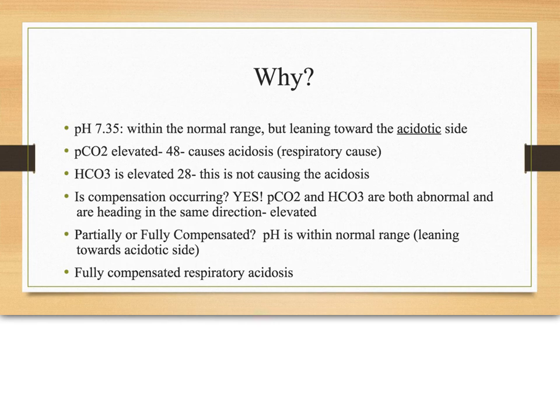So that's not causing the acidosis. It's certainly evidence of compensation. So is compensation occurring? Yes, because it meets our definition. Both the PCO2 and the bicarb are elevated, out of the normal range, both heading in the same direction. And since the pH is within the normal range now, just within, we would consider it a fully compensated respiratory acidosis.